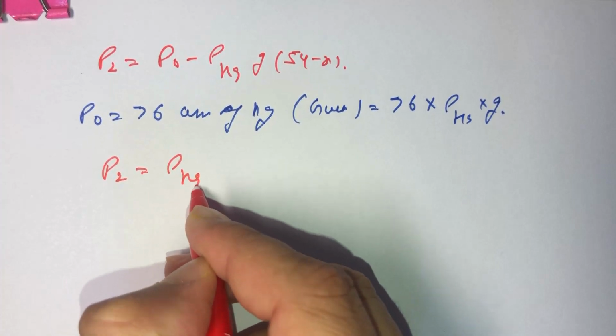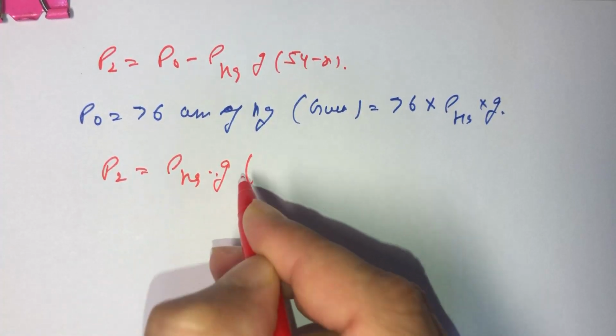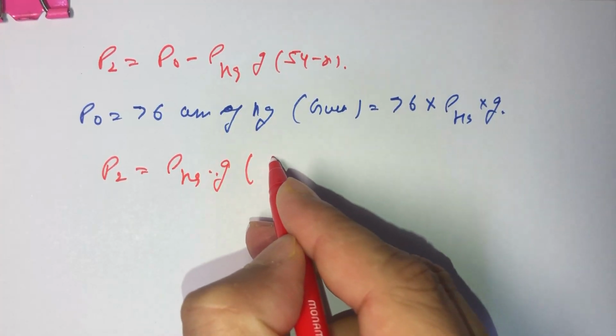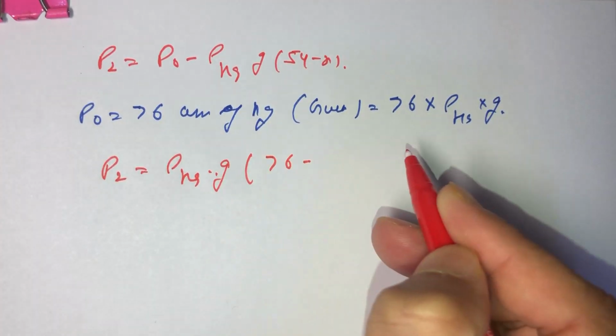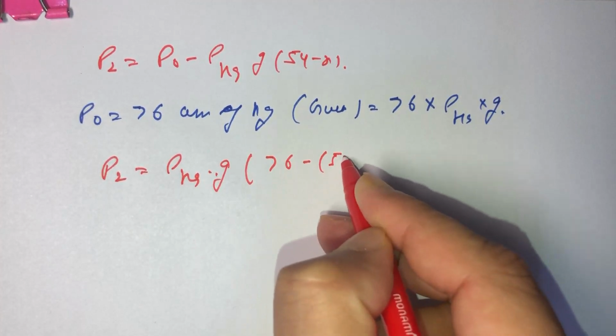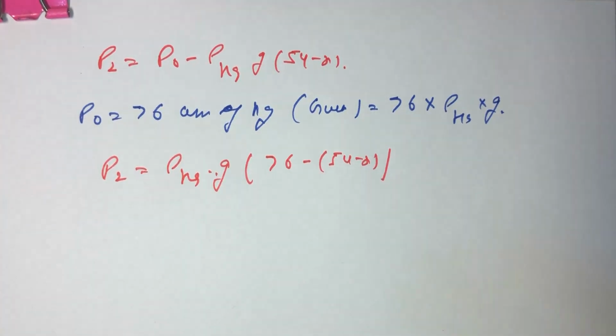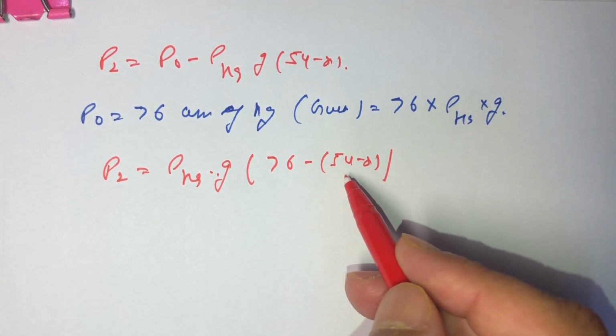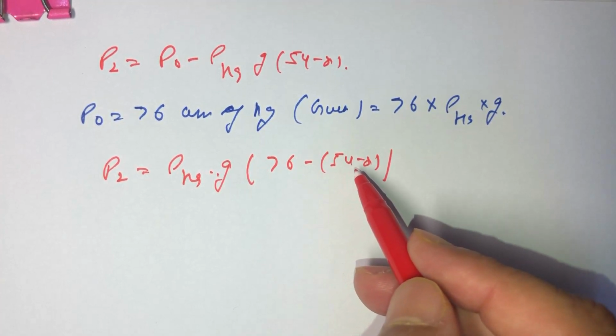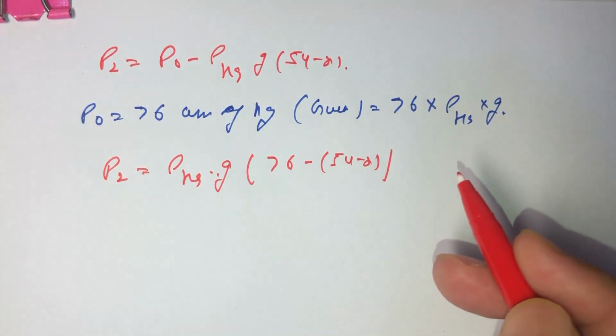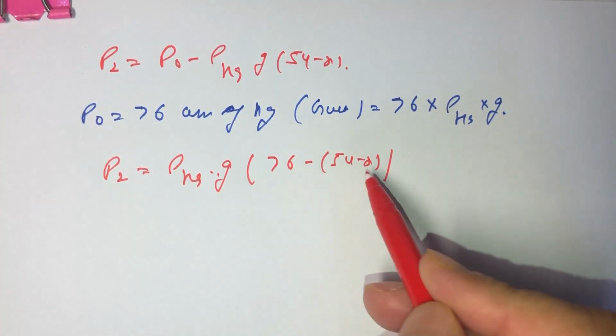So this will be rho Hg G, we get 76 minus, and here we have 54 minus x. So we can solve it further. This will be our 54, and we are left with 22.